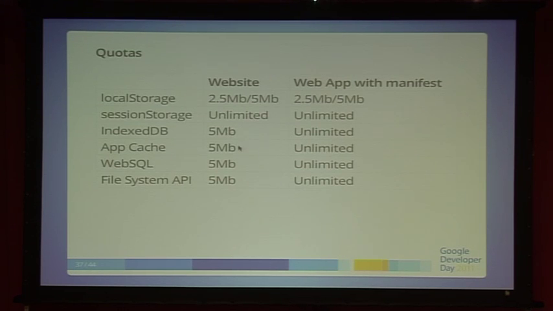For IndexedDB, App Cache, WebSQL, File System API, the limit is 5 megabytes. But if you create a Chrome Web Store application and put a manifest on that, you can ask for unlimited storage. So if you need to store 100 megabyte files, then you could create a Chrome Web Store application for that purpose.